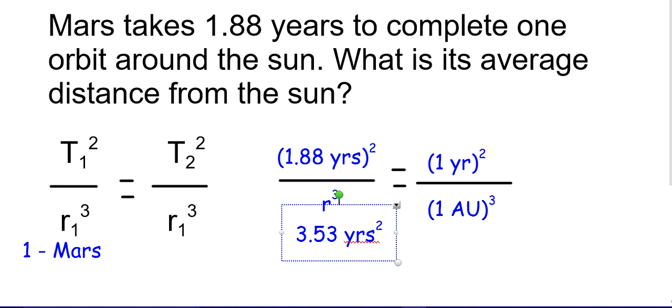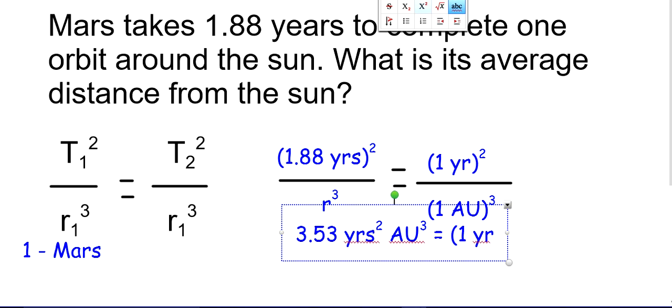And then I'm going to multiply that times 1 AU cubed, which is just 1, so the units would just be AU to the third power. And then I'd set that equal to the cross multiple of the other side, which would be 1 year squared, times r to the third.